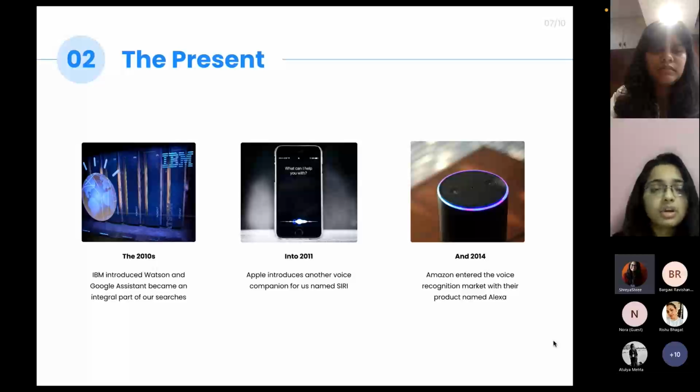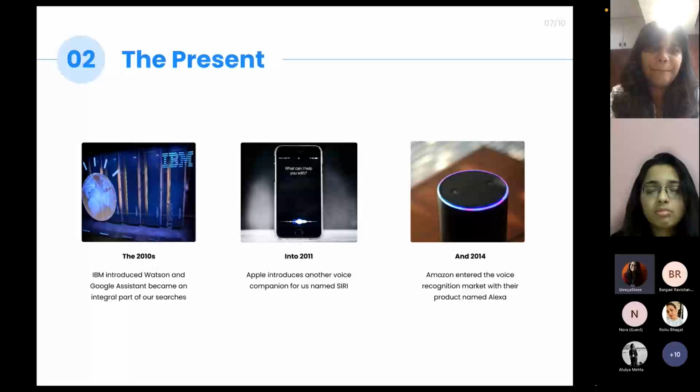It's been a decade since all of these technologies have been popularized by a lot of us. So as and when the technology started growing, people started making use of them, and the companies saw to it that they would start developing more when they got to know that a lot of people are using it.